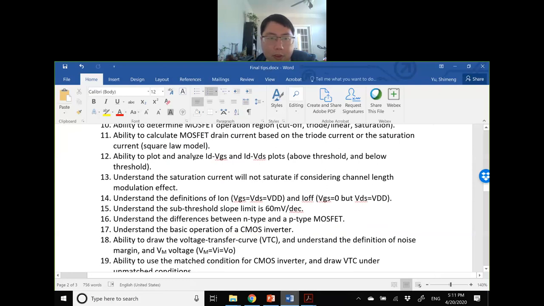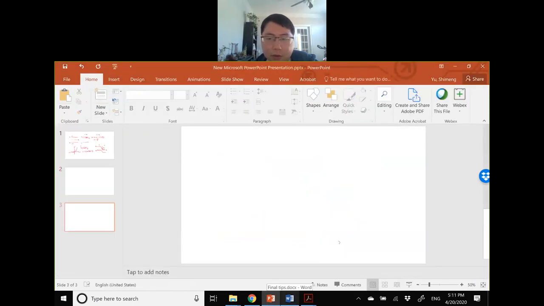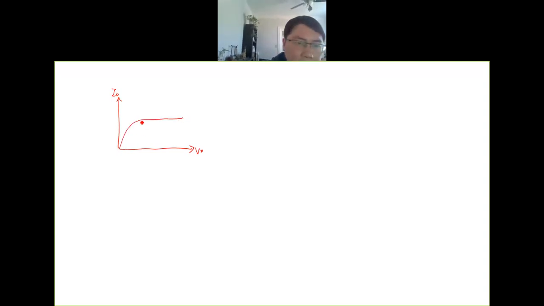And then draw the ID-VG and ID-VD plots. Okay, so this is also important. ID-VD. It looks like this. So this is the turning point where the Vg minus Vt equals Vd.